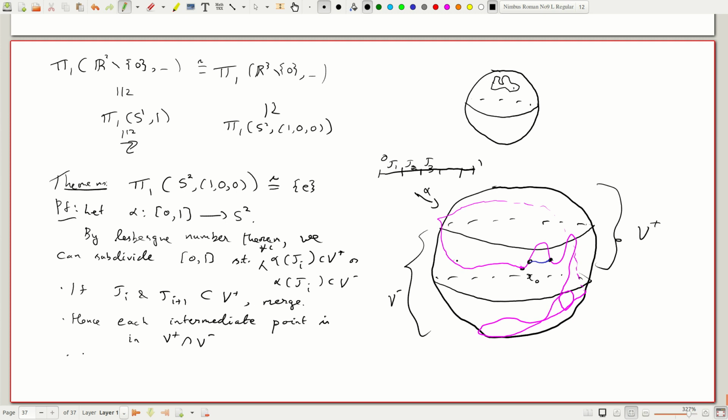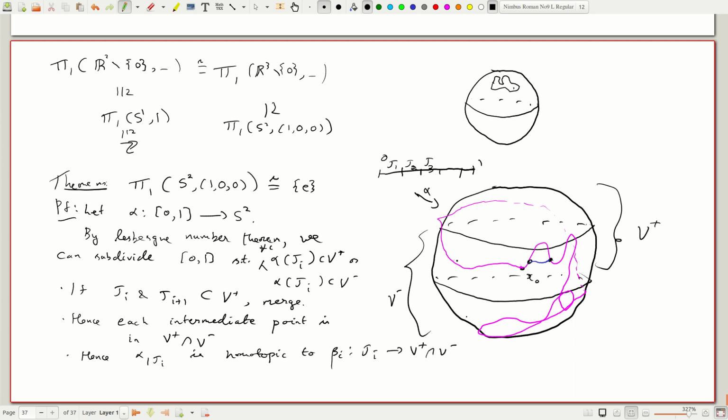That's the important thing. Hence alpha restricted to Ji is homotopic to beta i, and beta i maps the same domain, Ji, to V plus intersection V minus.